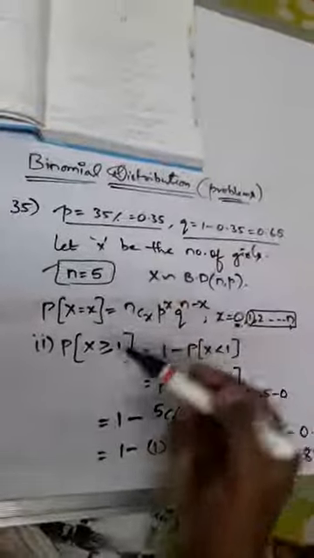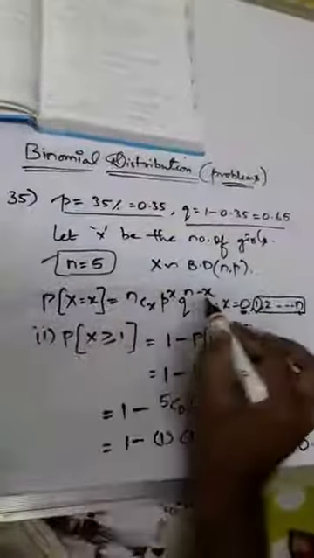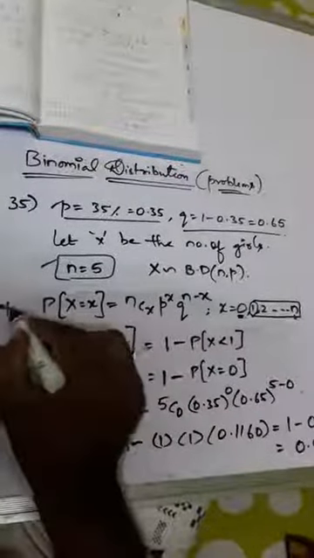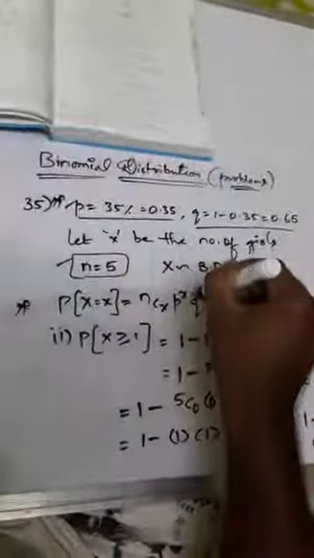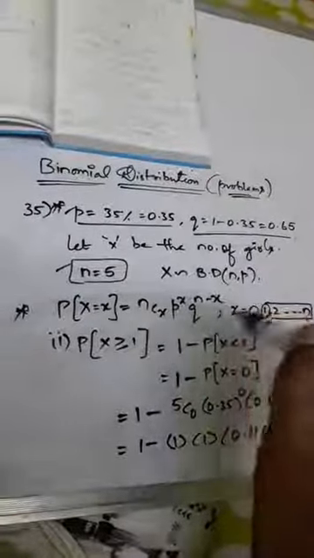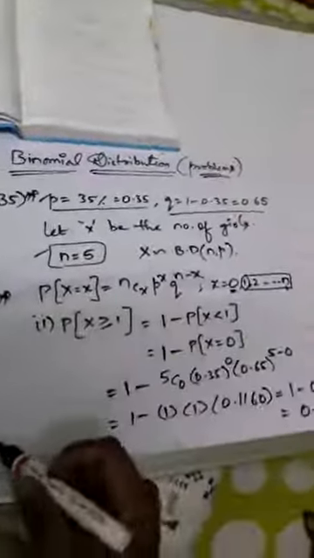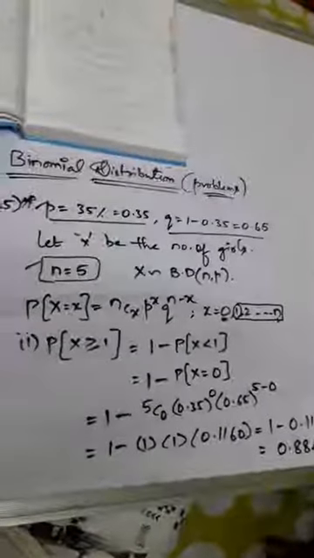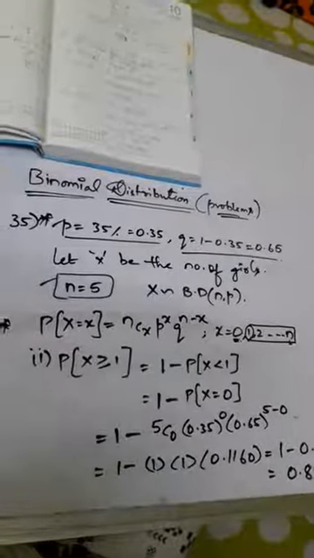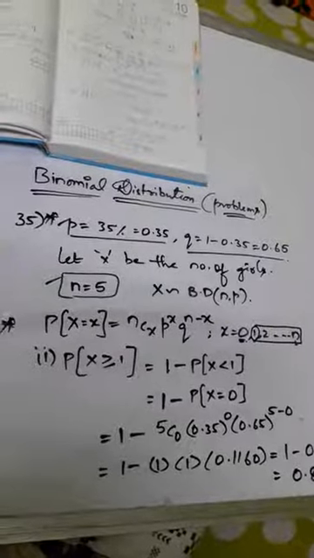Please carefully observe: first write the given information and then the PMF. This is very important, because by using this we observe which distribution to carry forward. Then the calculation part, and finally you need to observe the answer carefully. We'll just go to the next one.